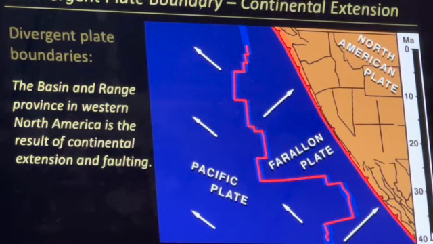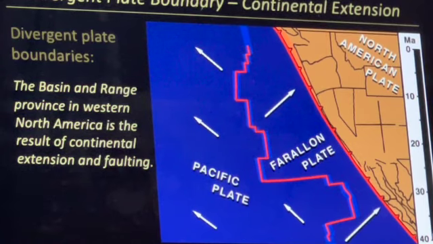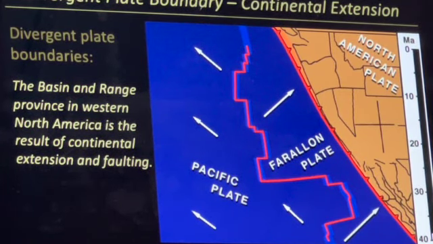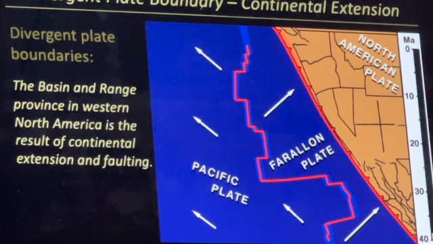And what this animation eventually ends up doing, once that divergent plate boundary disappears beneath North America, is it starts to thin and pull apart. And the west part of the North American continent, like the Nevada region and parts of Oregon and California, start to get thinned and stretched, and they actually increase in area.